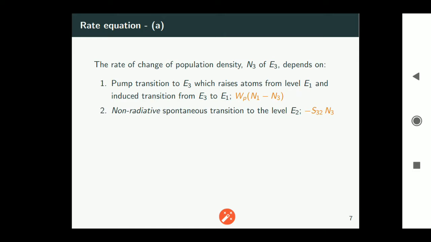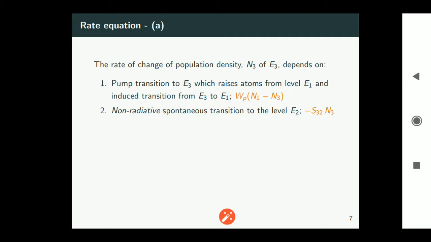The second thing is any atom which goes to the E3 level undergoes non-radiative transition to the level E2, and it decreases the number of atoms in N3, therefore it is associated with a negative sign, and its value is given by minus S32 N3. N3 is the population of the third level.